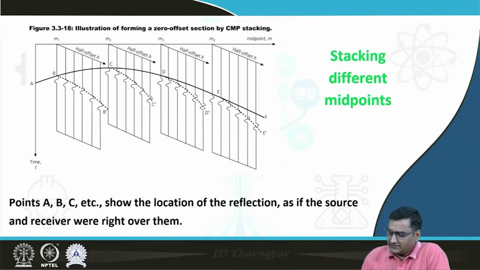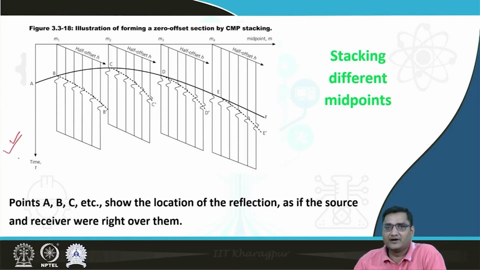So this is the illustration of forming a zero offset section by common midpoint stacking, and this particular diagram represents the stacking for different midpoints. You can see this is midpoint 1, this is midpoint 2, this is midpoint 3, this is midpoint 4, likewise.